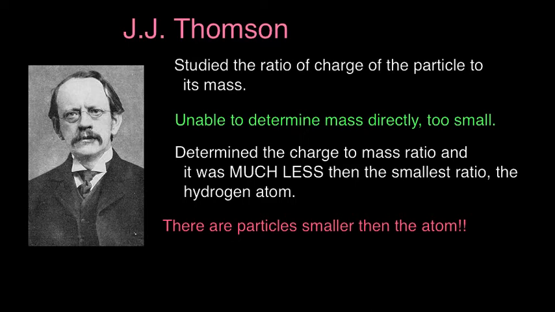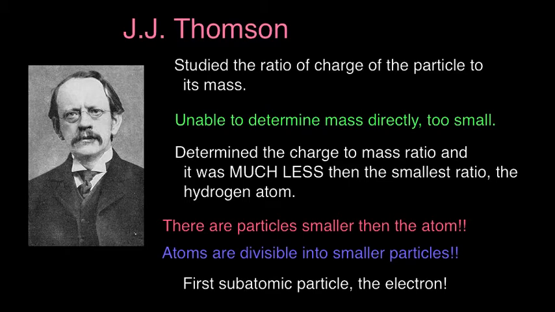So this proved that Dalton was wrong that atoms are indivisible into smaller subatomic particles. This was a really revolutionary discovery at the time, because Dalton's atomic theory had become so widely accepted. But Thomson was actually correct. He did identify the first subatomic particle, the electron.